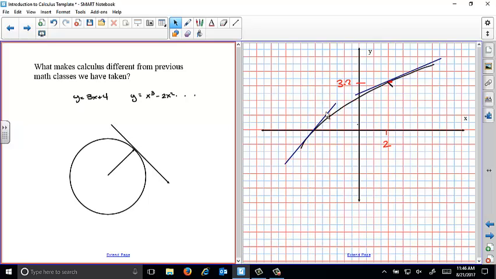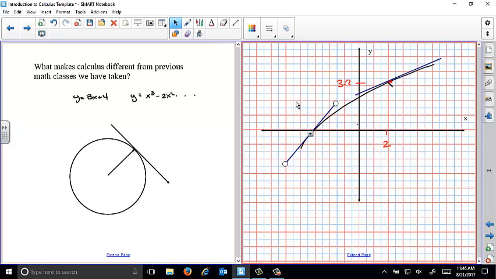So these lines here represent a line with a certain slope, a certain rise over run. If I bring this to the curve and look at where it touches, say at this point, what I can say is that this straight line represents the tangent line to the curve.